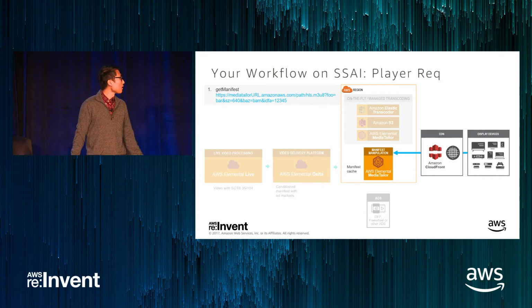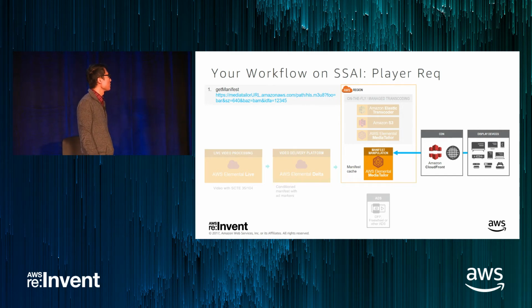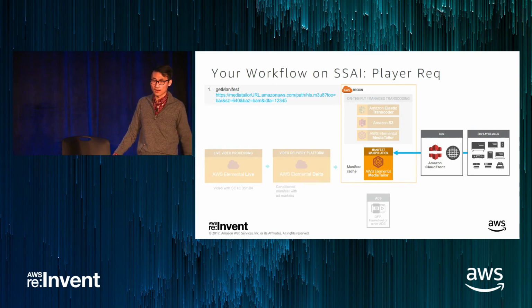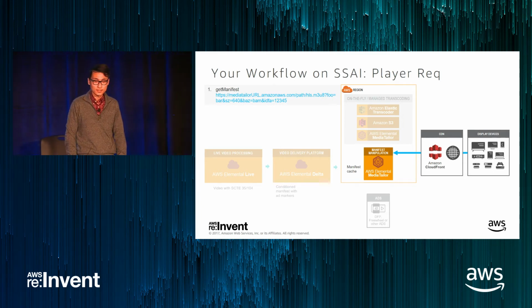So putting that all together and seeing how you could use a server-side ad insertion workflow, this is probably applicable to, I'd say, 90% of all workflows. There may be different components, but at its core, this is the flow. The first thing, starting from the client, is you call a get manifest call on MediaTailor.